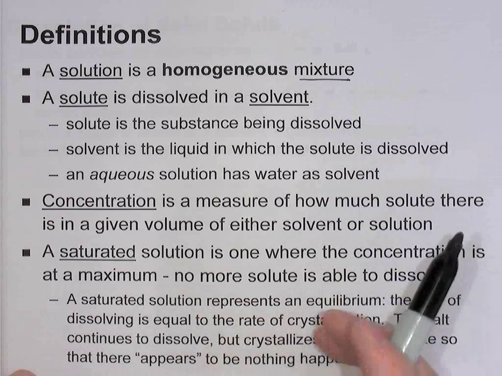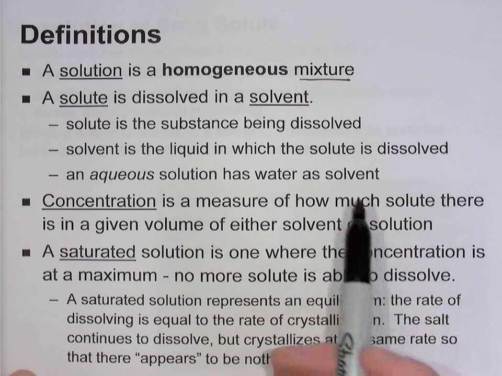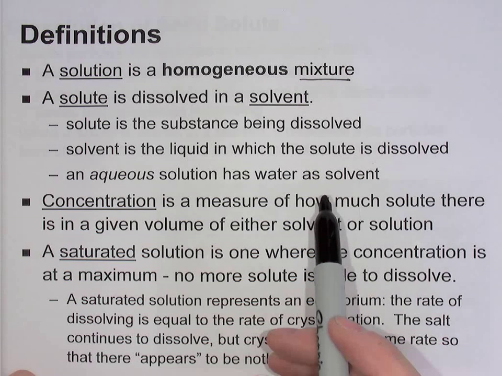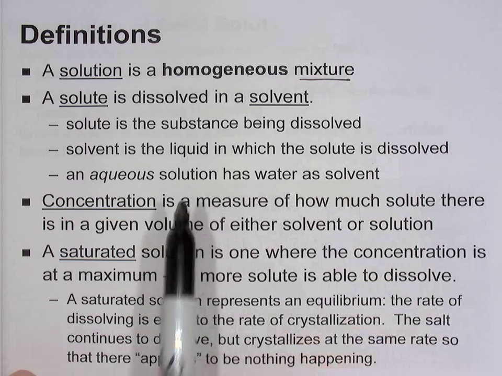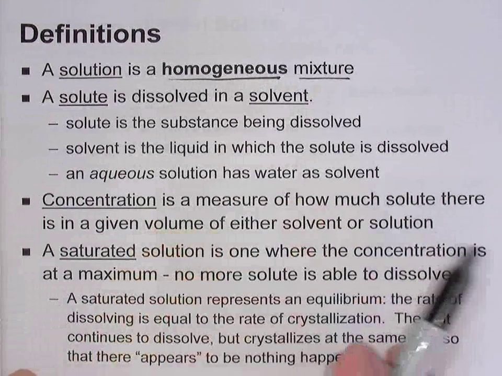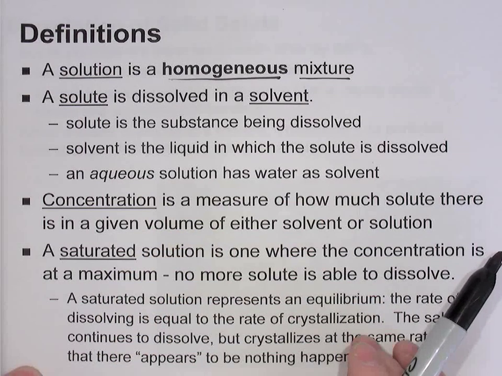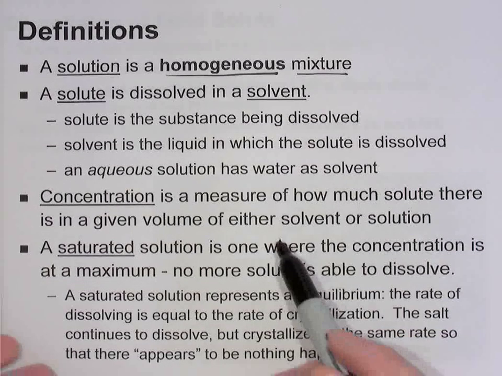So that mixture would be heterogeneous. It would not constitute a solution. If you reached in and stirred it all up or shook it all up so that it was the same concentration everywhere, the same composition, at that point it would be homogeneous, and then you would say you have a solution.